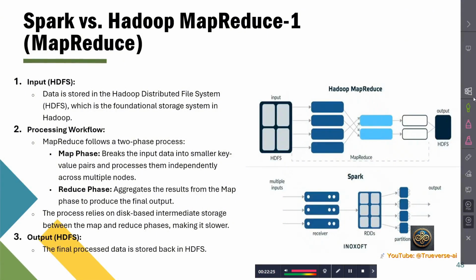Let's compare Spark and MapReduce. I will explain this comparison within a few slides, around four slides, to emphasize what the real difference is between Spark and Hadoop MapReduce.